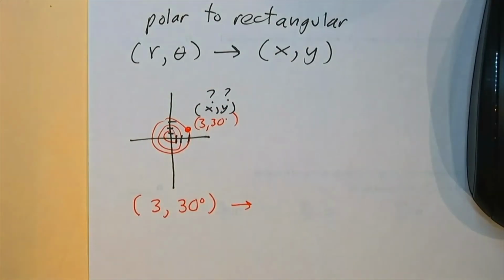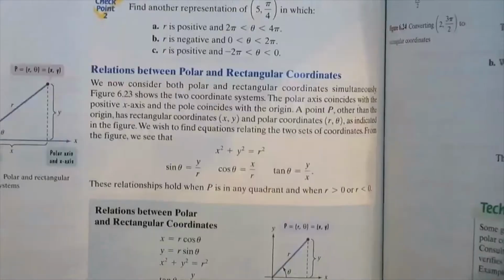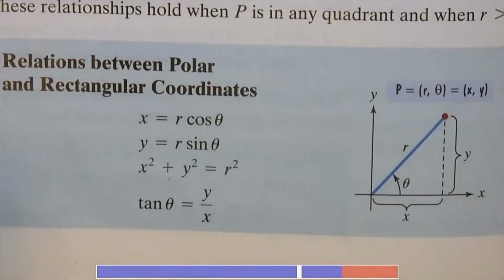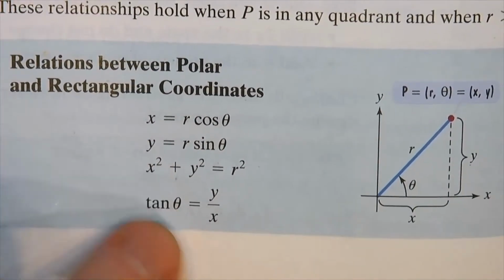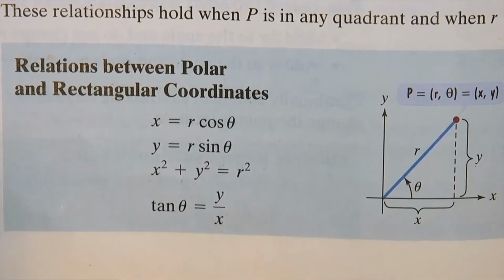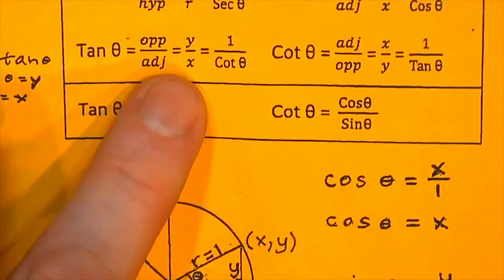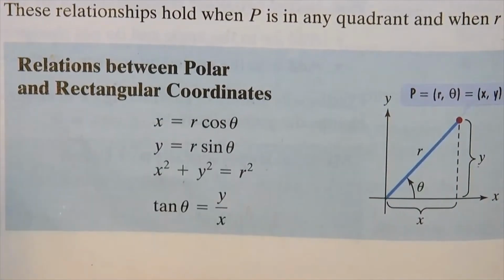Okay, so in the book, there's this little chart, and there are 4 little rules. All of them are based on the Pythagorean theorem. You've actually seen all these before. There's tangent. We've seen these rules on our sheet. And these other ones: x is r cosine.